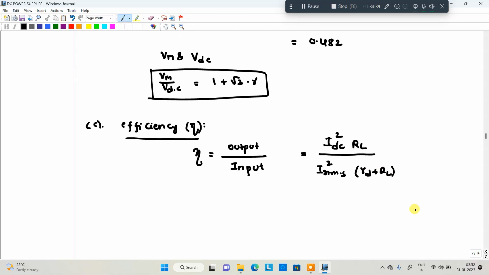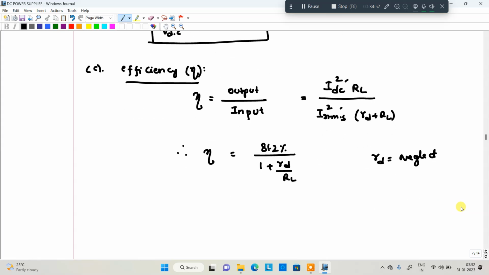So finally, if you substitute the RMS and IDC values here, you will get this relation: 81.2% of 1 plus RD divided by RL. I can neglect RD. When I neglect RD, finally I get the efficiency as 81.2%. This is important in the examination. What is the efficiency of a full wave rectifier? 81.2%. What is the efficiency of a half wave rectifier? 40.6%. Exactly double the efficiency of the half wave rectifier.